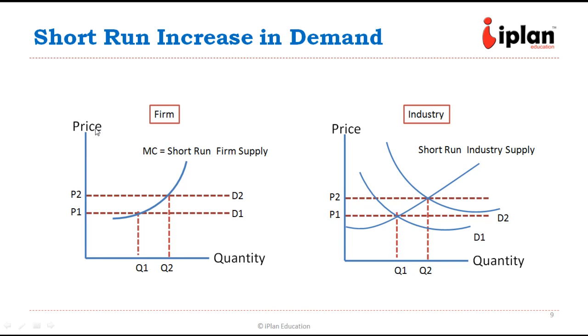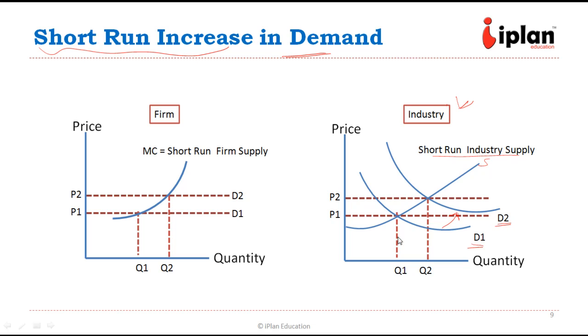We are observing the short-run increase in the demand in the case of perfect competition. Let us look at the industry first. Say earlier the demand curve was D1, and say the demand curve shifts to D2. Say due to some reason the demand of that particular product in the industry is rising.